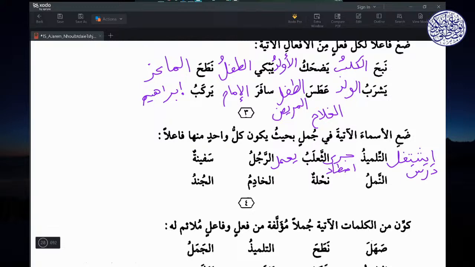طيب. السفينة. For السفينة I put يسير. يسير.